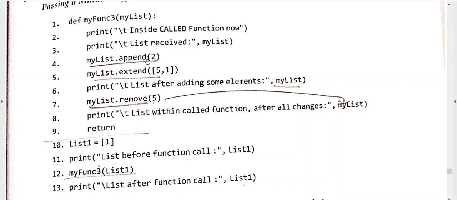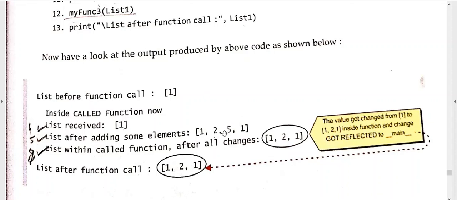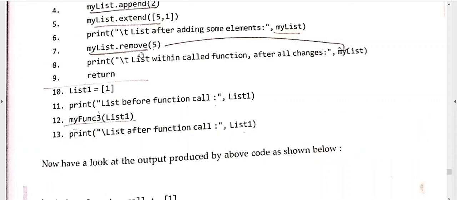Then in the next step, extend 5 comma 1. So initially it was having 1, then 2, then 5, then 1. It will keep on changing. Now the list is having 4 elements: 1 2 5 1. So it has been printed, list after adding 4 elements.